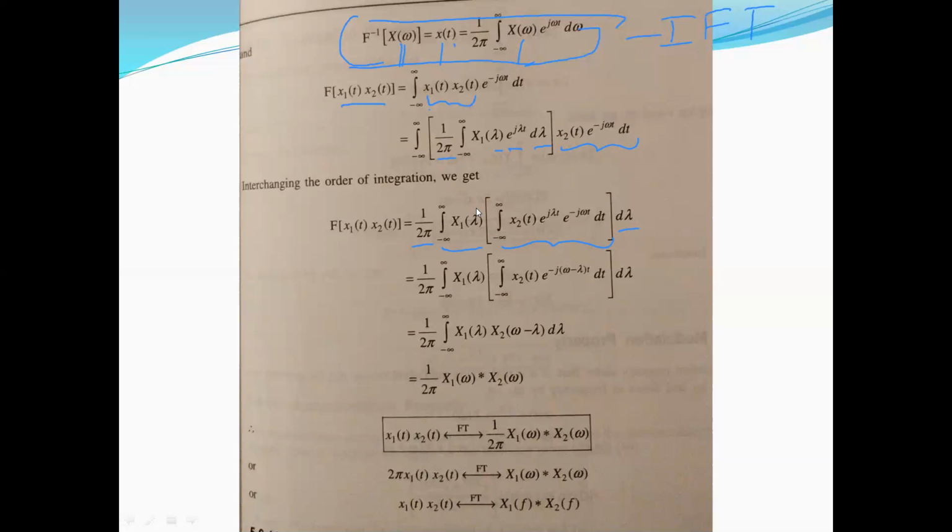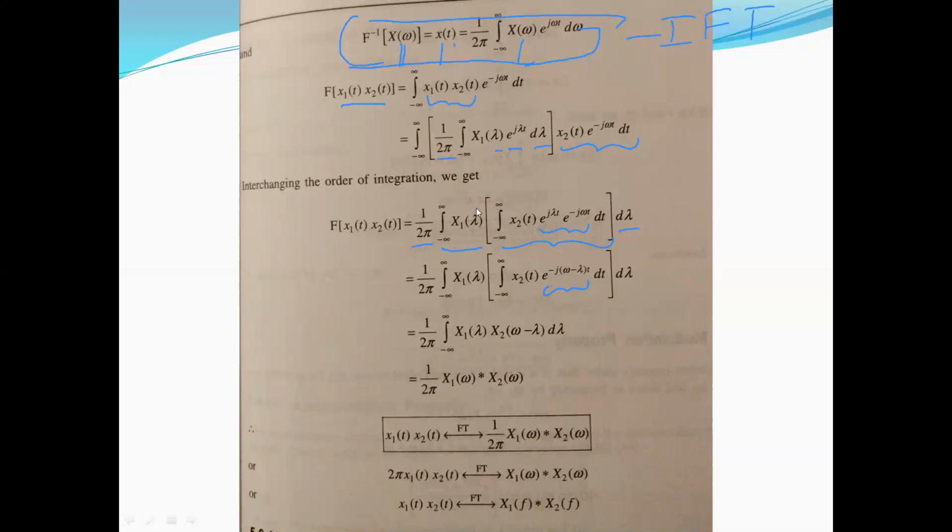Now there are two exponential terms whose powers can be added. That's what is done here. Their powers are added. We kept it negative because in the actual formula it is negative, so e to the power minus.